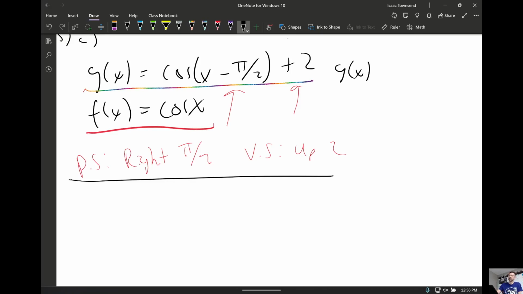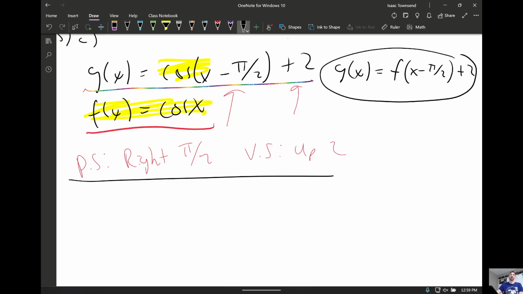So instead of saying cosine x minus pi over 2 plus 2, instead of cosine x, we're going to say f of x, because that's what f of x is equal to. So g of x is f of, and instead of plugging in x, they plug in x minus pi over 2, and then they added 2 to it. This is what it means by function notation. I'm defining g in terms of f. If I plug this in for f and put the plus 2 at the end, that's a different way to look at g.